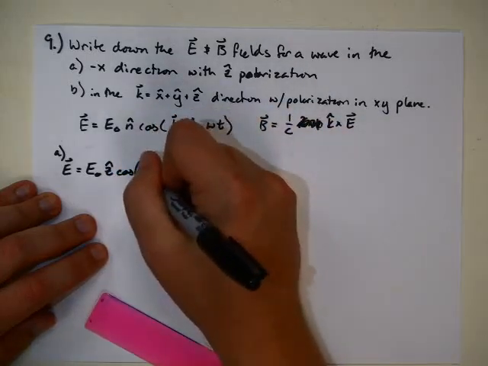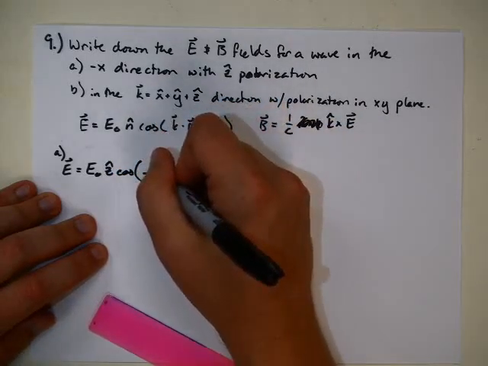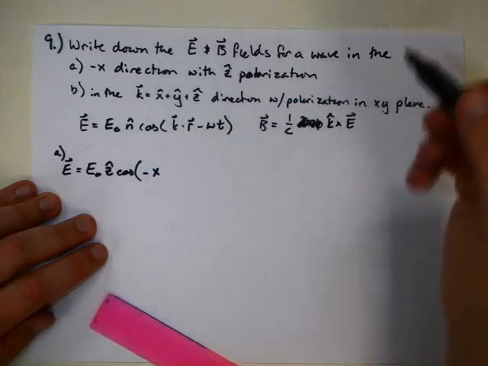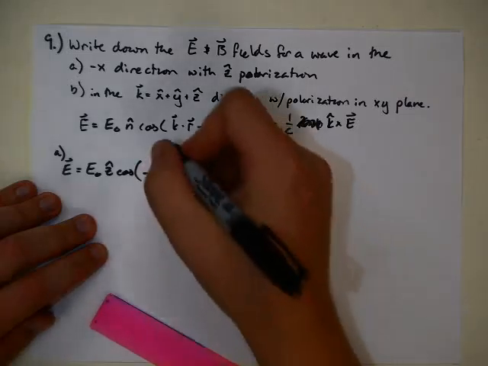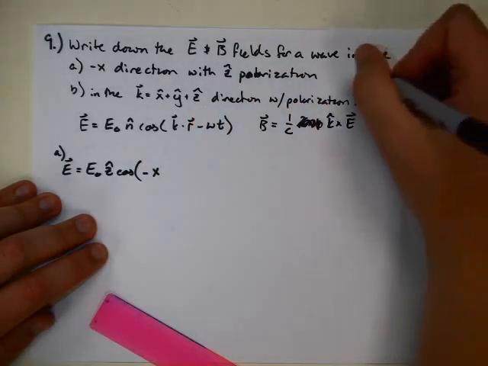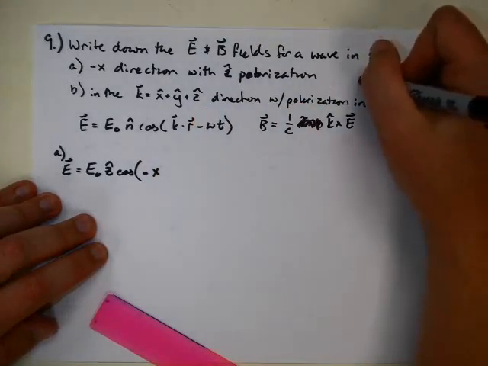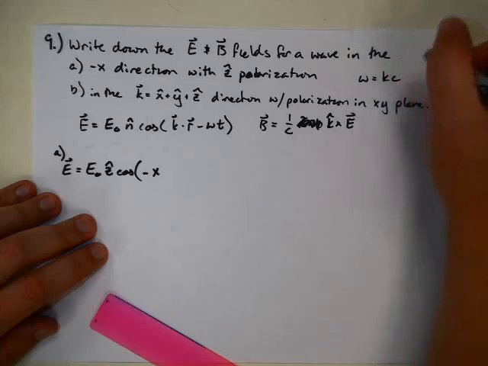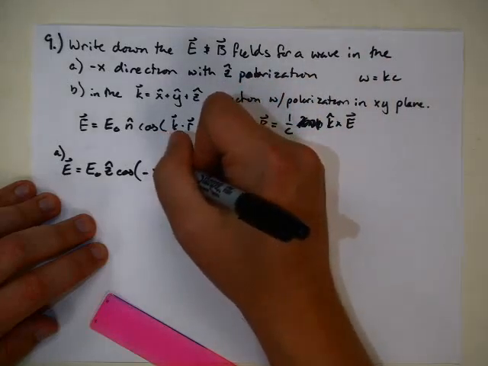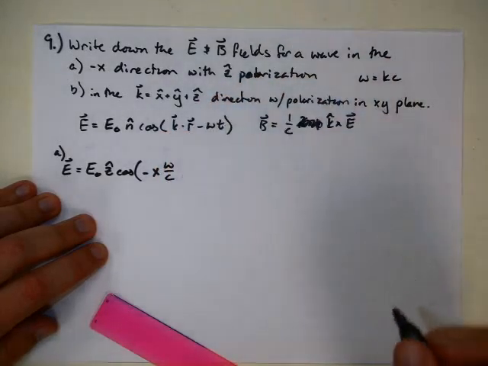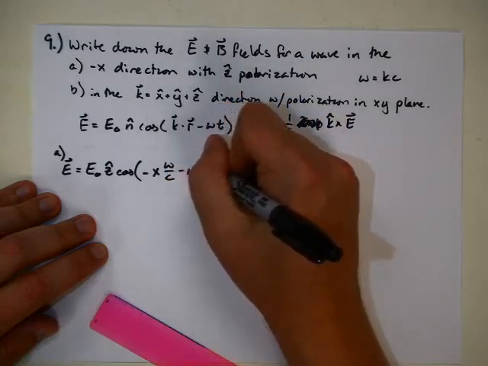I'm going to write down here minus x because the k vector is like that, but I need the length of the k vector. We know that omega is equal to kc, where c is the speed of light, and so the k vector is omega over c. So I get an omega over c here, and then minus omega t.